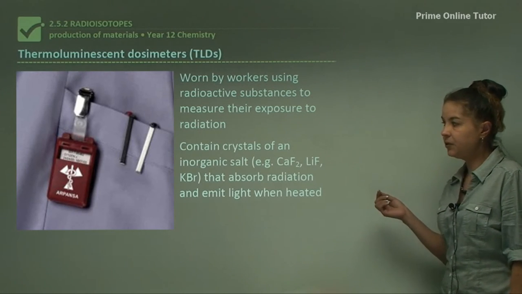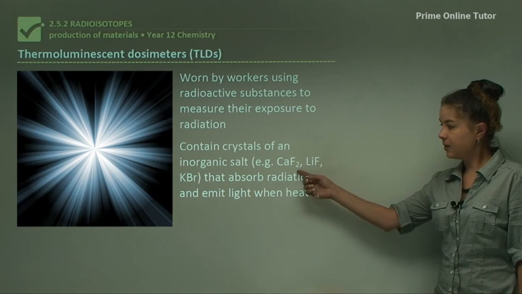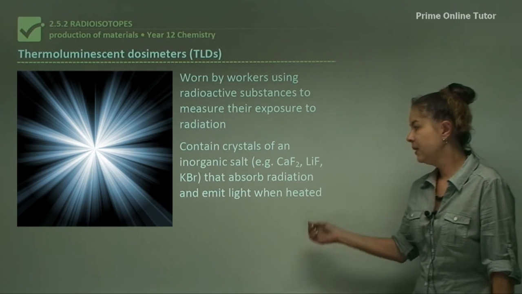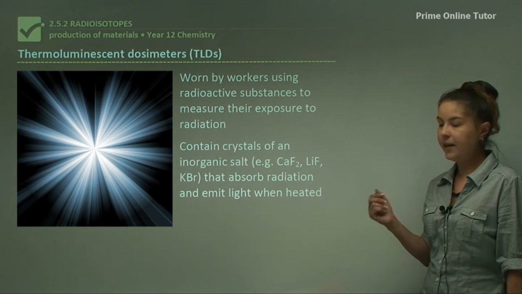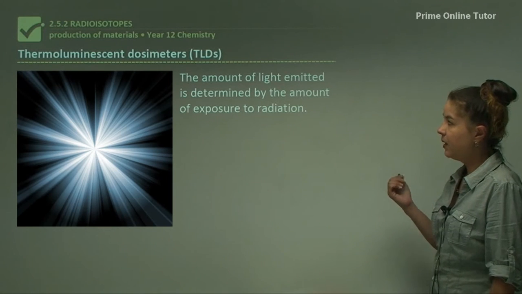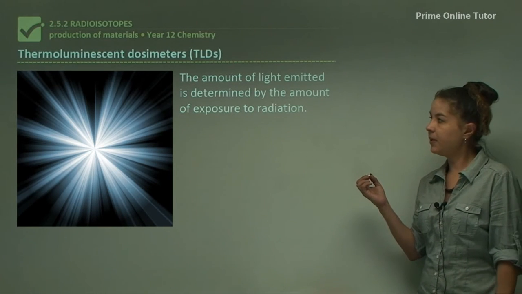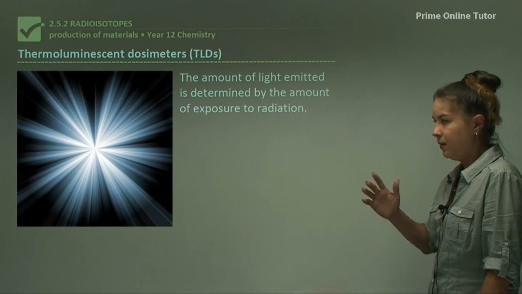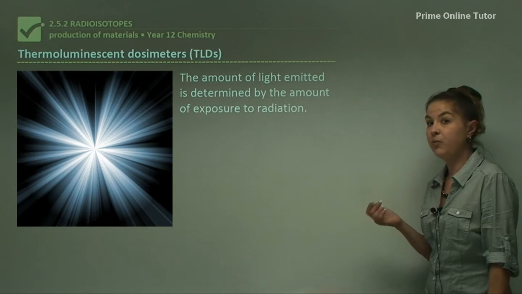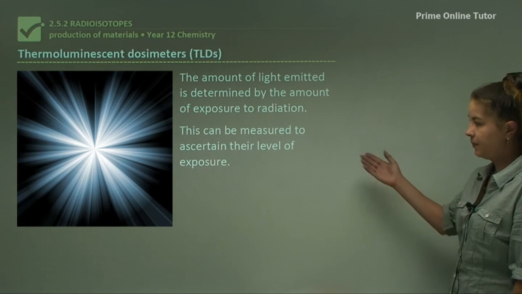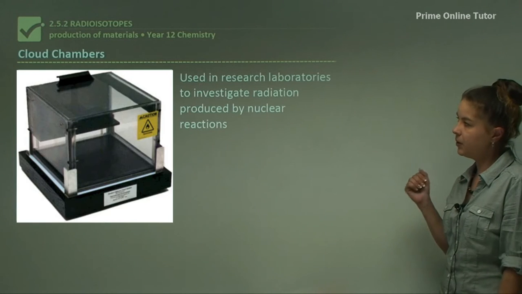They contain crystals of an inorganic salt, such as calcium fluoride, lithium fluoride, or potassium bromide, and these absorb radiation and emit light when they're heated. The amount of light emitted is determined by the amount of exposure to radiation. So it's another way these workers can be monitored to ascertain their level of exposure.